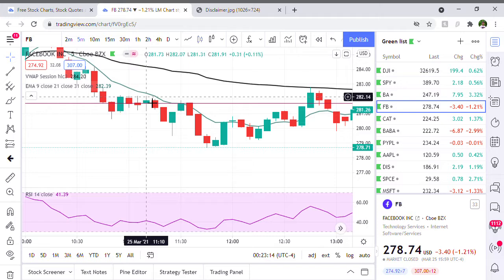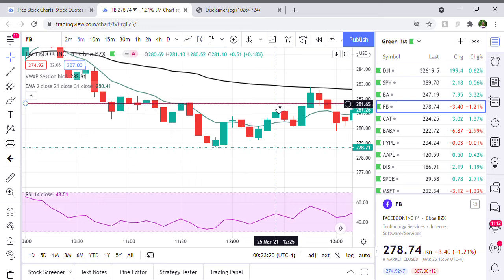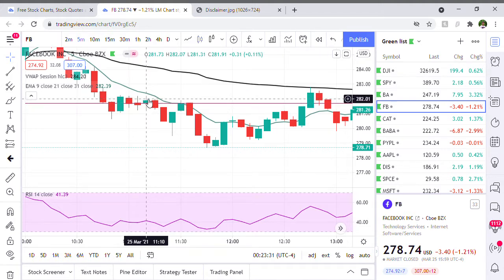Okay, so here I have decided to put my entry trade. My entry trade is at 281.70. So okay, the time that this candle ended is 11:15. 11:10 the candle started and ended at 11:15.